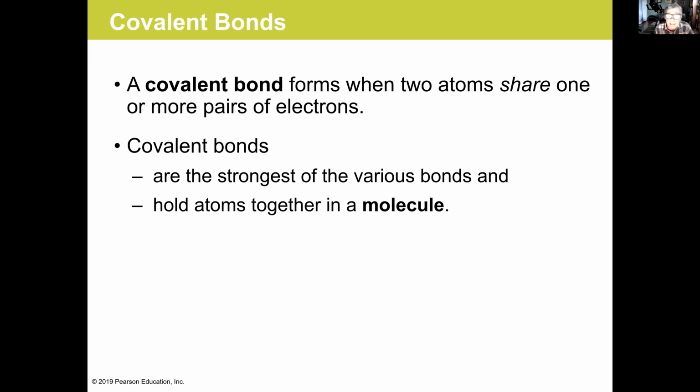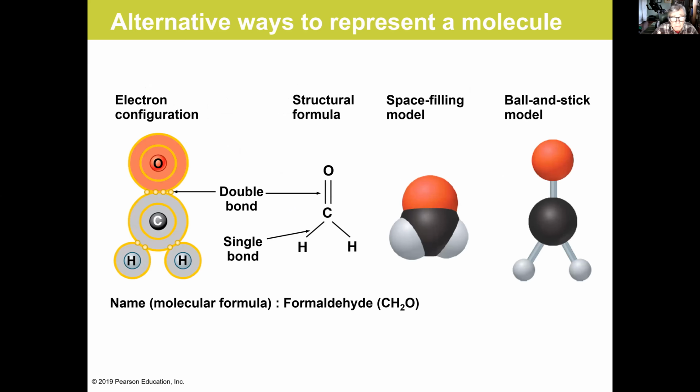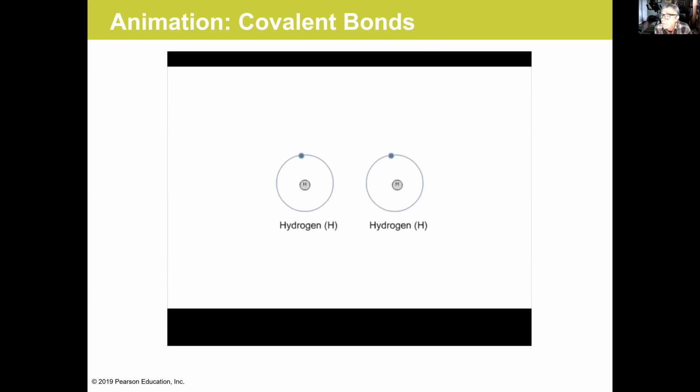A molecule is any 2 or more atoms held together by chemical bonds. And so like 2 hydrogens. Oh, wait. You go back. 2 hydrogens will make a covalent bond together.